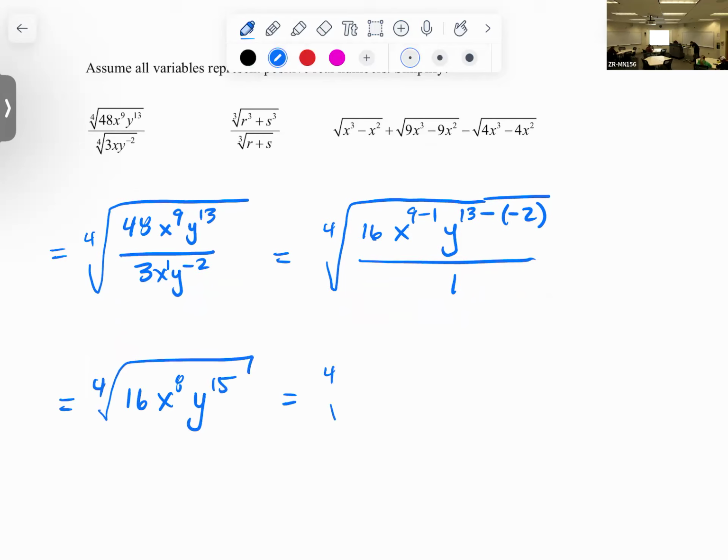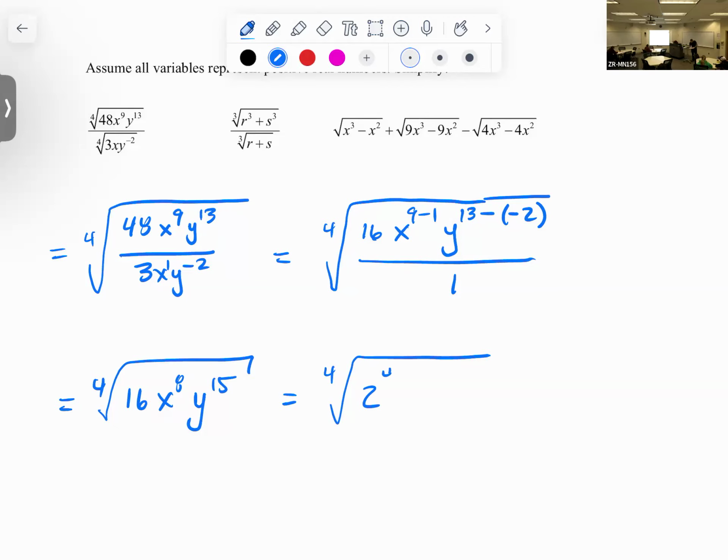And then what should we do? Split up the exponents so it can easily divide to 4. Split up the exponents, start matching them to powers of 4 because we have a fourth root. Let's start with the 16. 2 to the what makes 16?